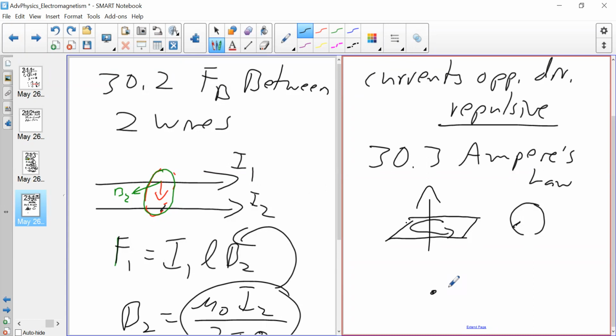Is that better? Your fingers should be wrapping around like this. And this is just kind of like the vertical picture. Then if your current was going into the page, it would be clockwise.